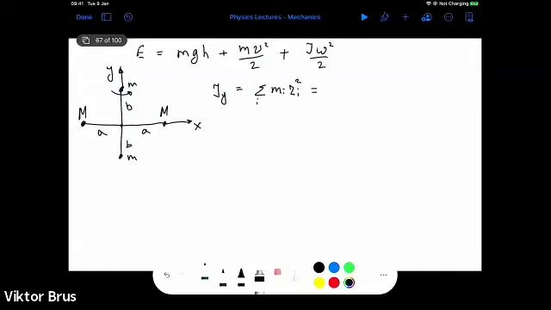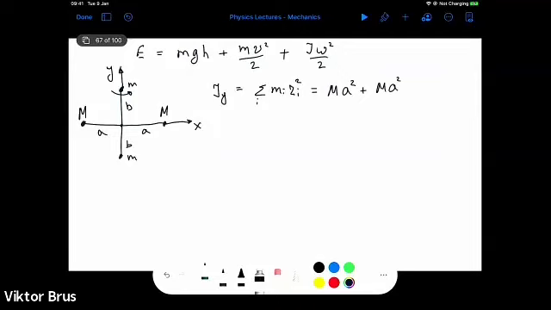We have these capital M masses at distance a from the axis of rotation. That's why we have one product, M times a squared, plus another product, M times a squared.